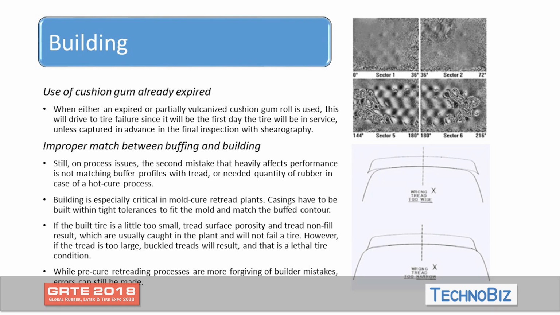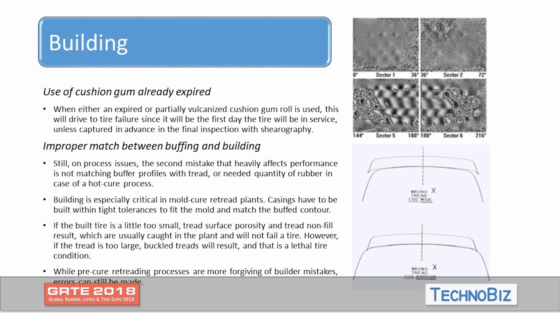Another point that happens sometimes is the use of cushion gum which is already expired. Maybe the cushion gum has not been stored properly. We know cushion gum is made mainly of natural rubber, and natural rubber has a temperature of vulcanization which is very low.